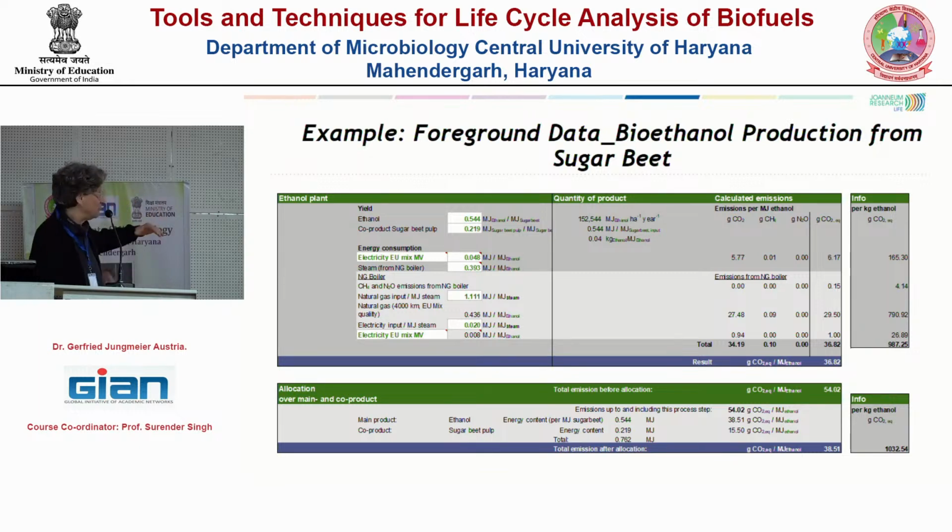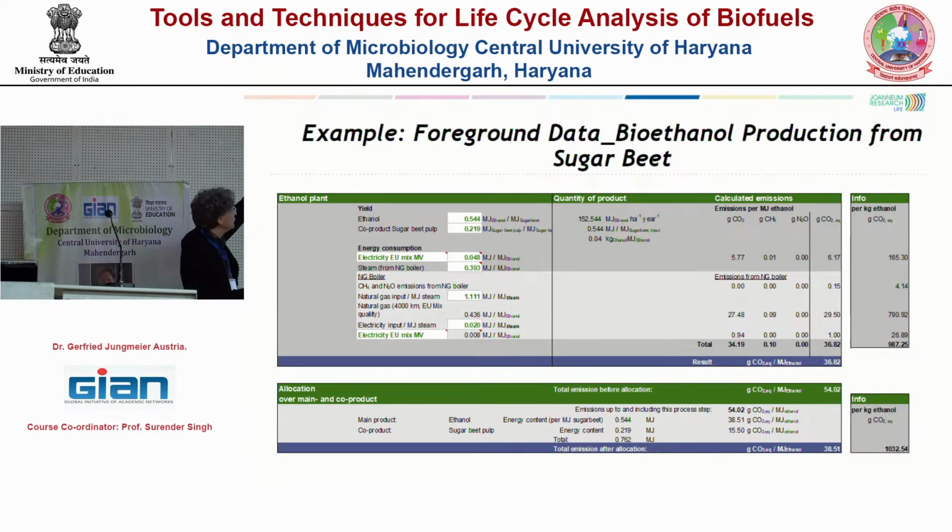And this is already the next one. This is the ethanol plant. So the ethanol plant also needs only a few inputs. For example, the yield. So how much ethanol do you produce per input? So per megajoule or per ton of sugar beet going into the factory, how much ethanol do you produce? And how much sugar beet pulp, so this is the animal feed, do you produce? So how much main product, how much byproduct, is included here.